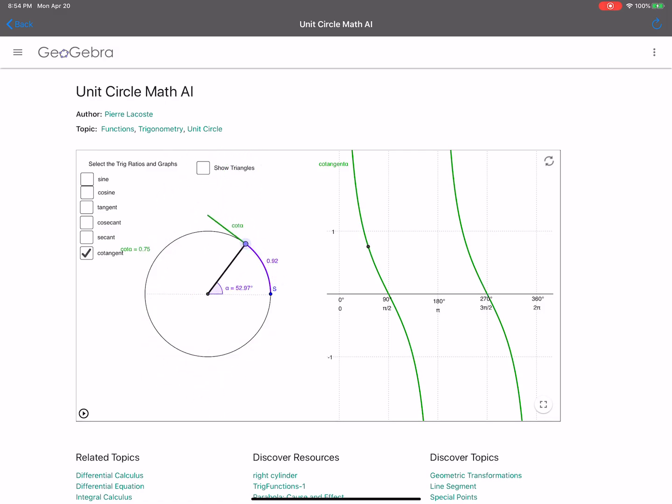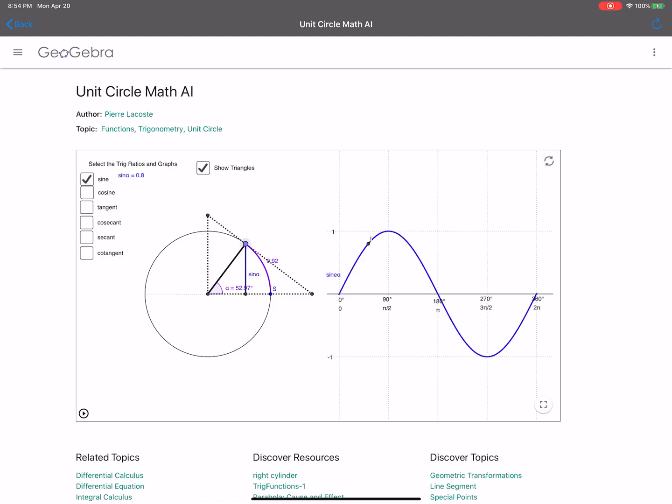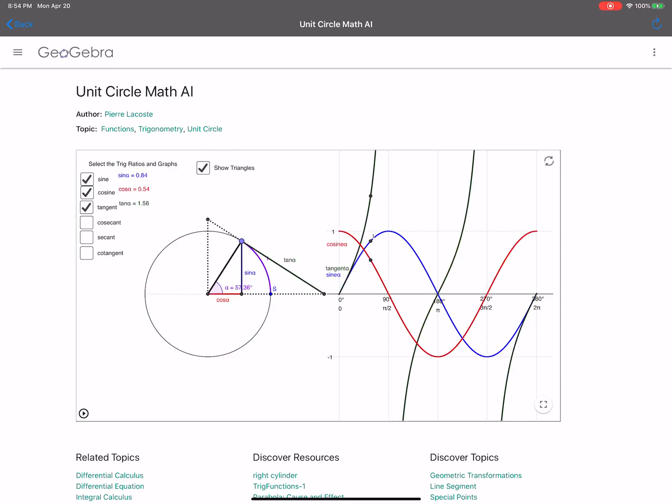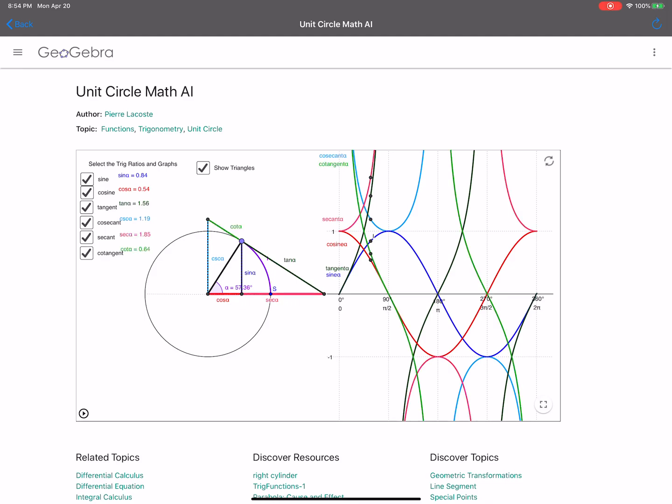And if you're wondering where the heck those lines are coming from, these are the triangles that they're built upon. So the sine is right here, cosine, the tangent, the cotangent, the cosecant, the secant. They're all there. What a mess.